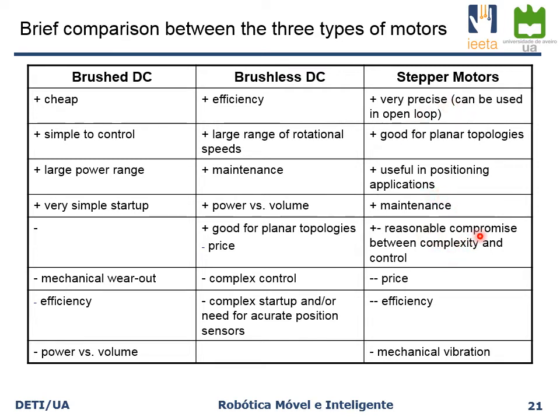The compromise between complexity and control is considered to be reasonably good, but on the other hand, this is the most costly type of motor you can find. So from the price, there are two minuses here. Also, the efficiency is very low when compared with both brushless and brushed motors, and there is a possibility of mechanical vibration, as we have referred to in the previous slide.